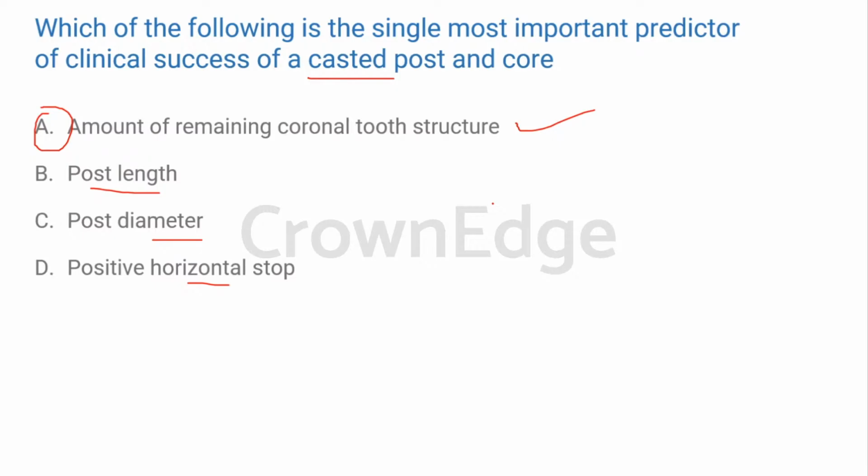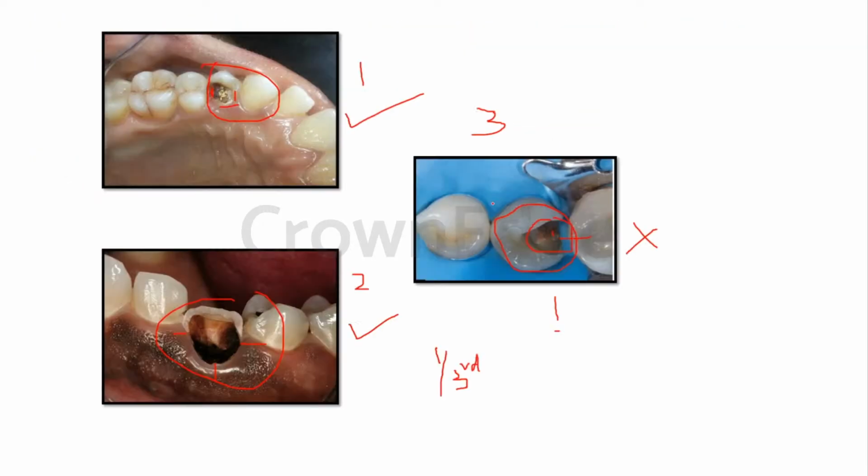Okay, you want me to repeat the image? Okay, so ideally, whenever you can see over here, we have one wall missing only, so we don't do a post core. We have three walls missing here. We have done a post core. Here we have about two walls missing, which is why we are also going to do a post core treatment.